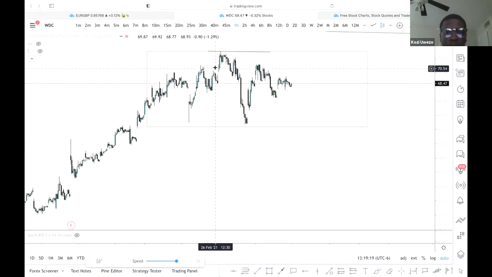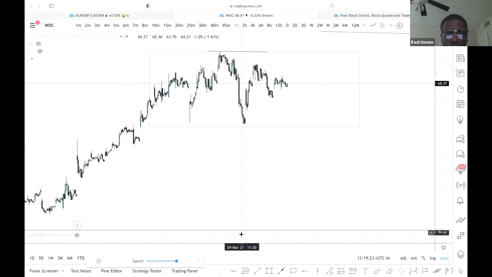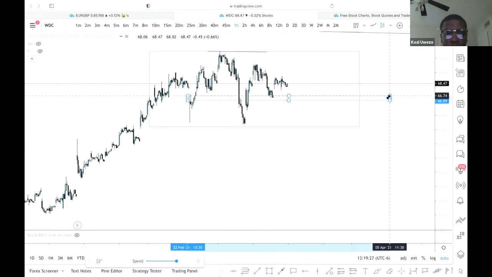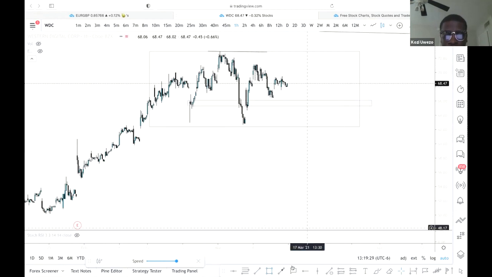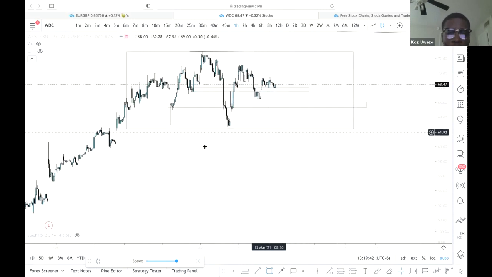But yeah, we have a high that was made, and for this high to continue, we'll basically look to catch the continuation around these 2 zones right here.